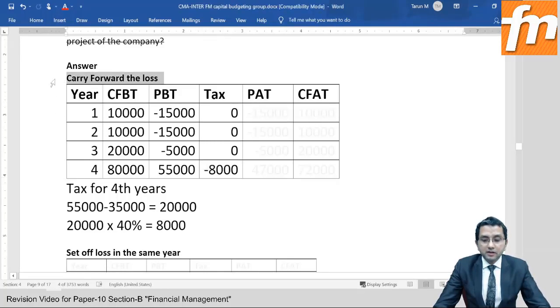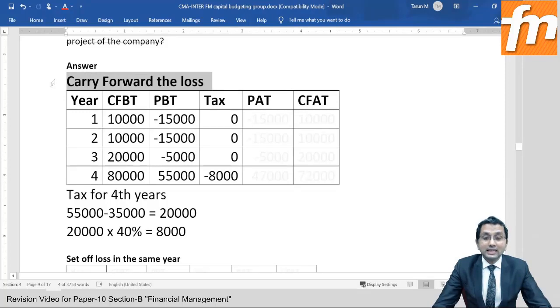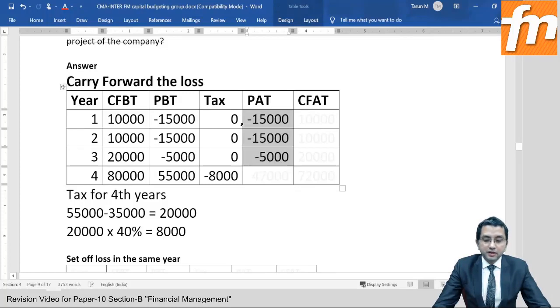This is the treatment assuming that the loss is carried forward. Now, the first 3 years are quite obvious: 15,000, 15,000 and 5,000 loss, no tax. So profit after tax is also the same amount, a loss of 15,000, 15,000 and 5,000. But here, your profit was 55,000, your tax bill is 8,000. And that's why profit after tax is 47,000.